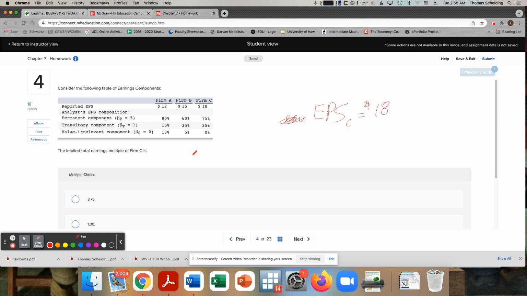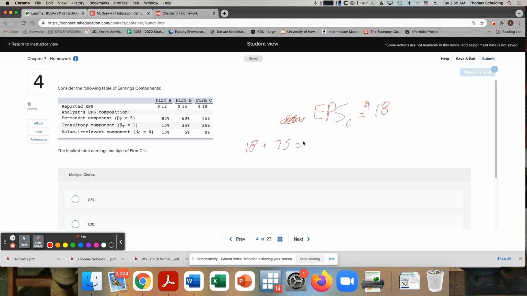To get the implied total earnings multiple, we now need to divide the implied share price by the $18 earnings per share. To get the implied share price, we take our $18 earnings per share and multiply it by the fraction of our permanent component.